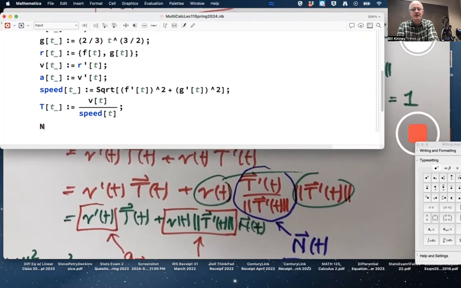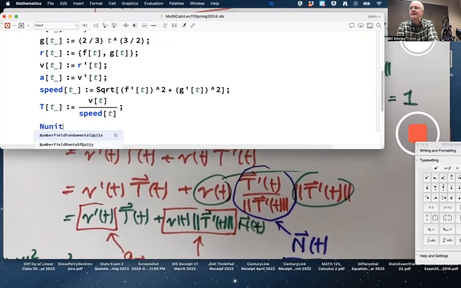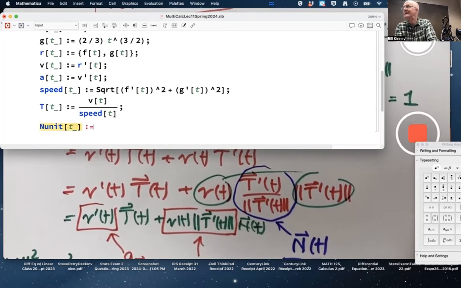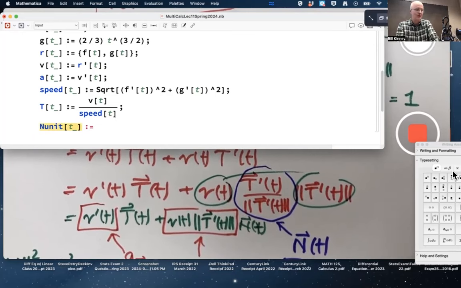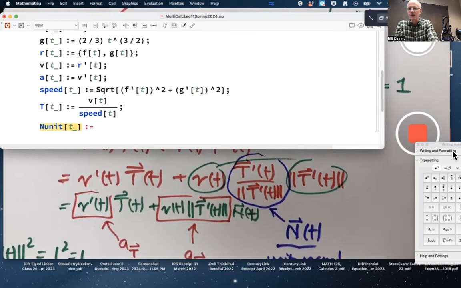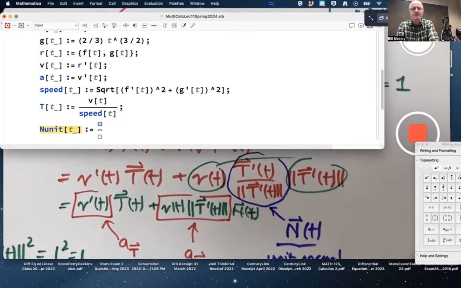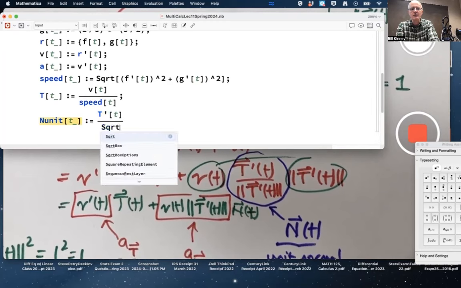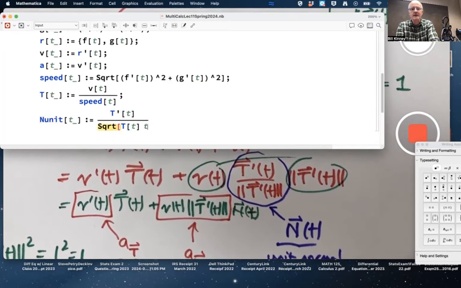So what I typically do is call it n-unit, the unit normal vector. What was the definition? It's right here: capital T prime divided by its magnitude, which is probably best typed as capital T prime of t divided by the square root of capital T prime of t dotted with itself.